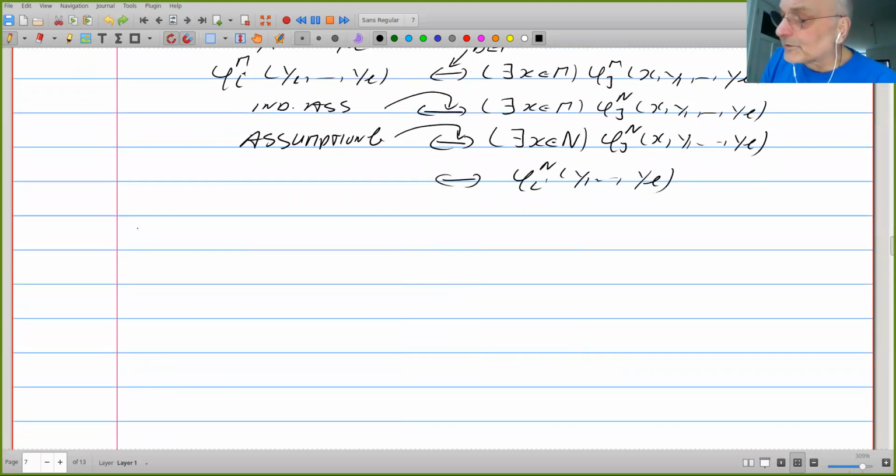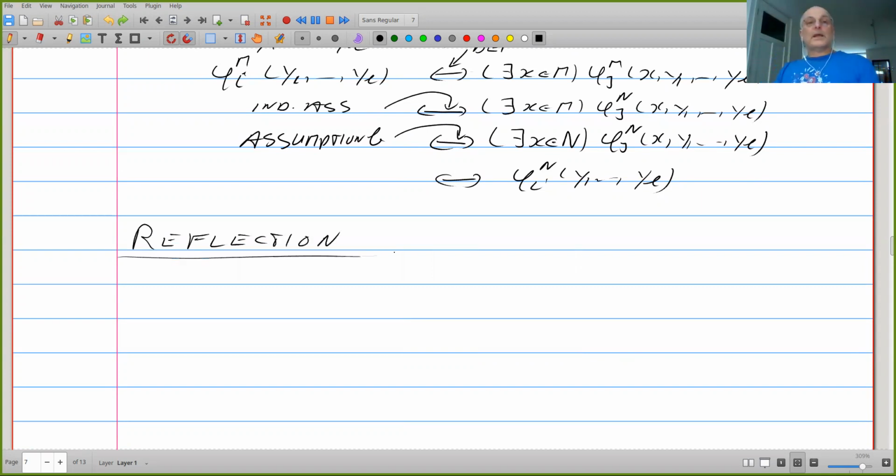And like I said, it's time for some reflection. Because we have our formulas, and I promised you that we could find a V alpha, we could find many V betas, such that the formulas were absolute. And now it's easy to do this. We look at our formulas, and we assume that they are subformula closed, and that we also have those other axioms, but they're not really necessary.